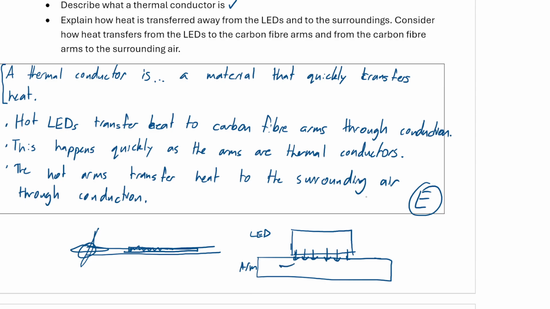That heat energy then flows through the arm. I probably should have mentioned that in my answer, right? Since it's a thermal conductor, the heat can flow through the arm itself as well. So it spreads out, and then it will transfer its heat energy to the air surrounding it. Like so. And if you're wondering why that even matters, well, if the LEDs overheat, they don't function properly. So that is an important consideration.